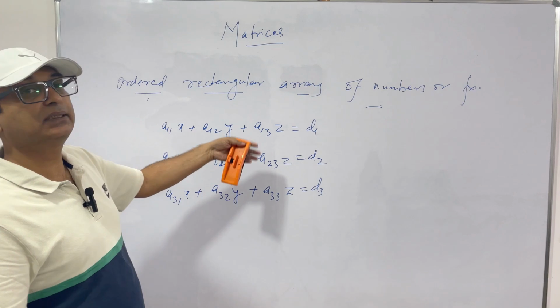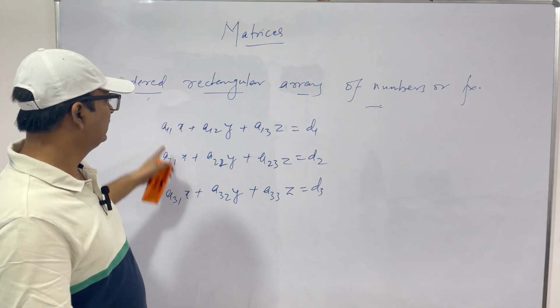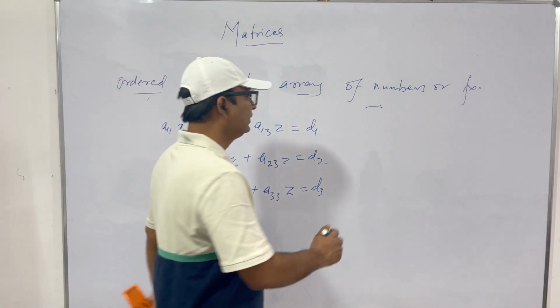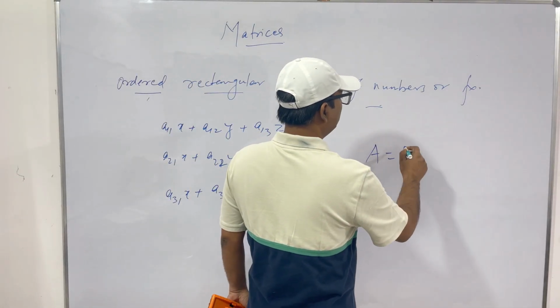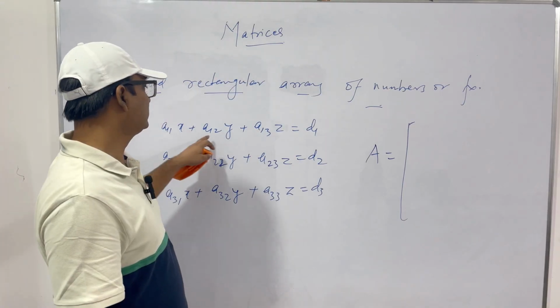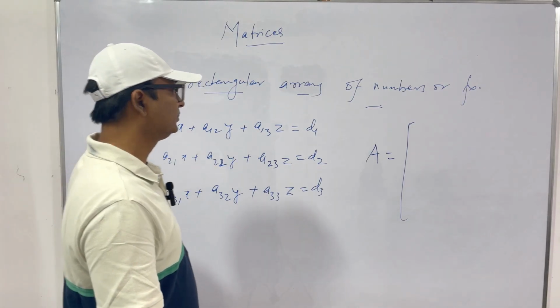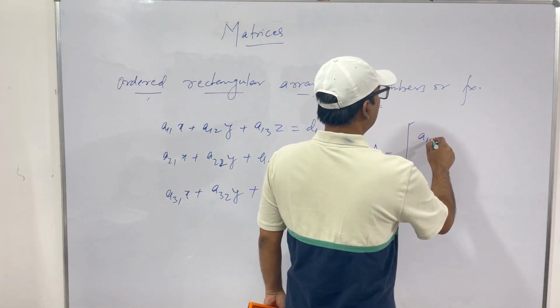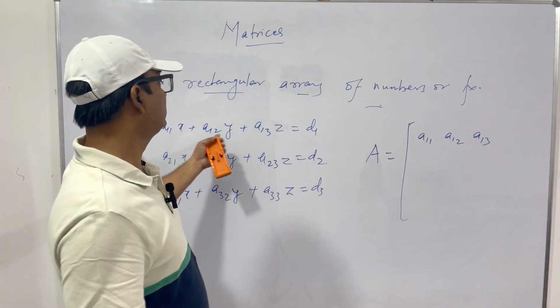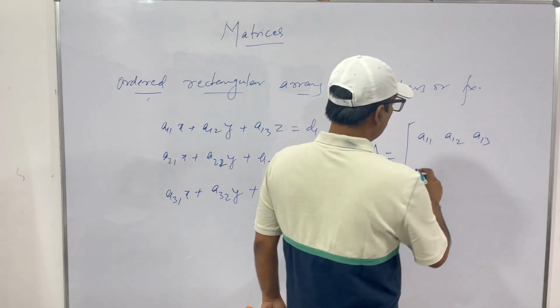So how do we represent this as a matrix? You just note this down. We say that let a matrix A be like this, where we have all the coefficients of x, y and z. So this is a11, a12, a13, that is the coefficients of the first row.